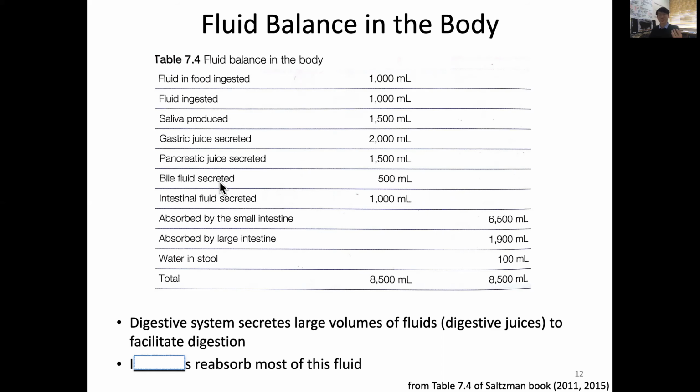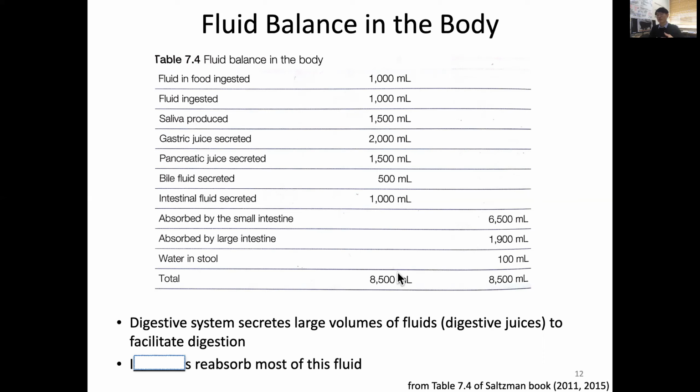The bile fluid secreted is also 0.5 liter. And through the intestine, the fluid secreted is almost 1 liter. That adds up to about 8.5 liters of fluid getting thrown into our intestinal tract.